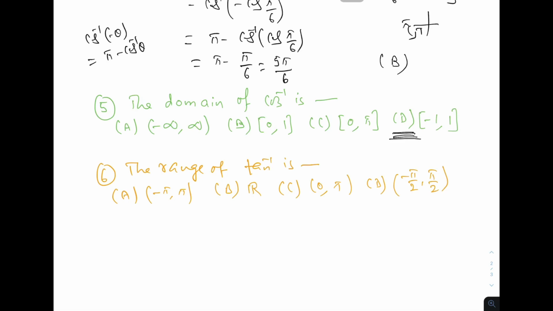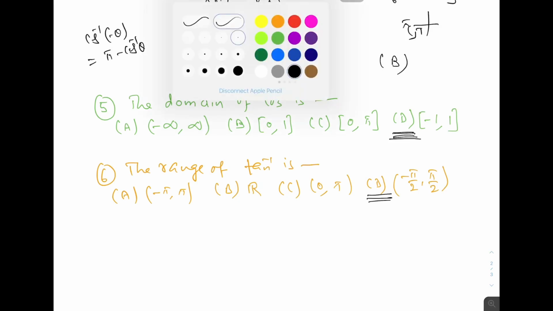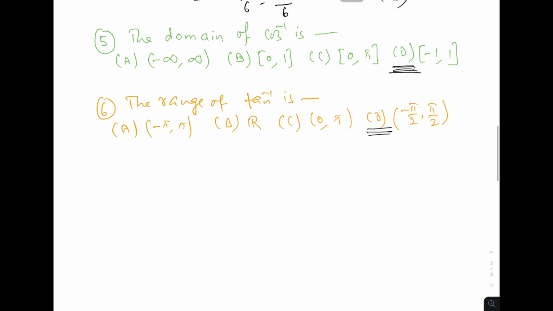So here also the answer is open interval minus pi by 2 to pi by 2. Here also I would suggest that you remember all the formulae, all the concepts of the domain and range of all trigonometric functions, it will be needed.